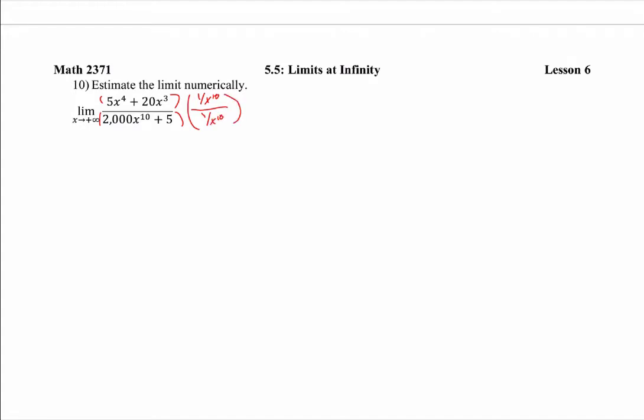What you get is the limit as x goes to infinity of, the numerator becomes 5 over x to the 6th plus 20 over x to the 7th, all over 2,000 plus 5 over x to the 10th.